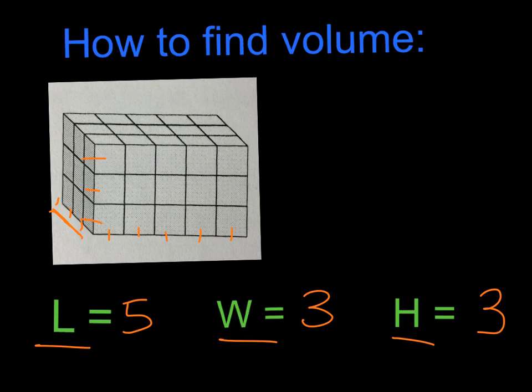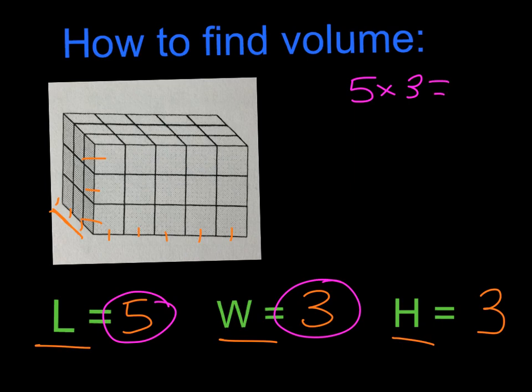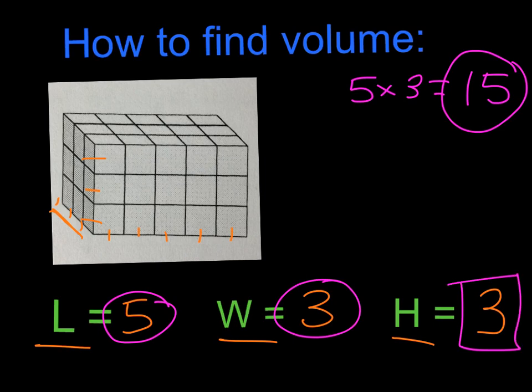The next thing we need to do is multiply. First I just pick two of the numbers to multiply. I'm going to do the 5 and the 3 first. I can do 5 times 3 in my head. I know that 5 times 3 is 15. The next thing I need to do is take that 15 and multiply it by my final number, which is 3.